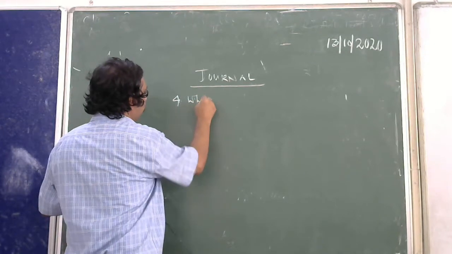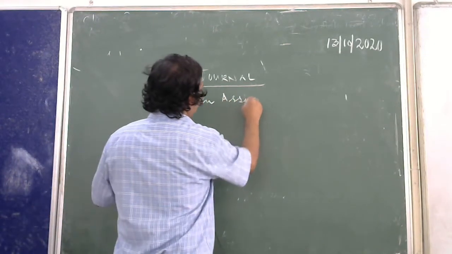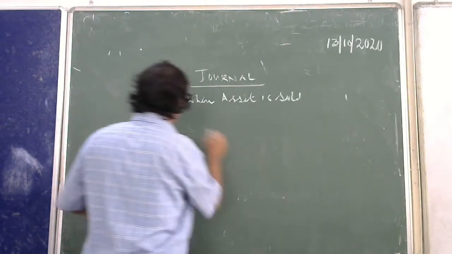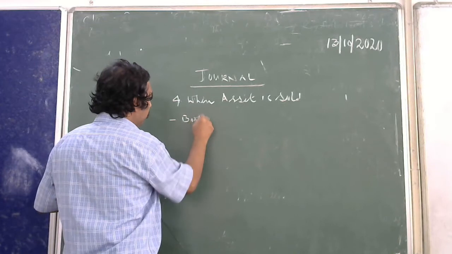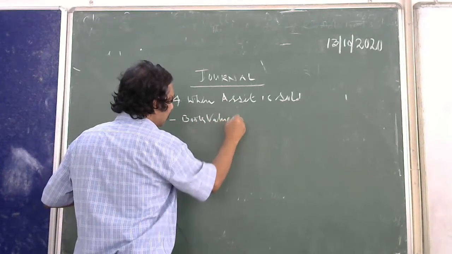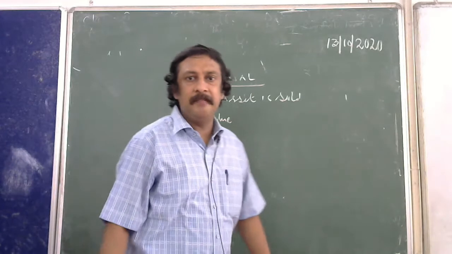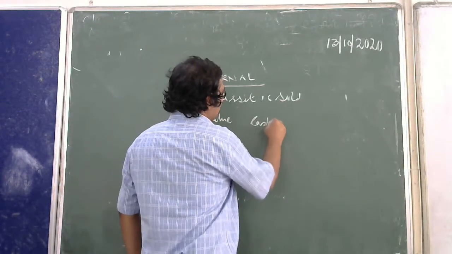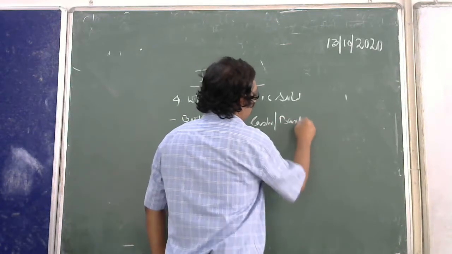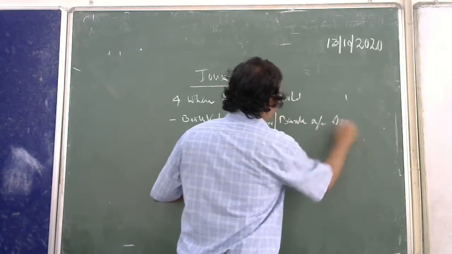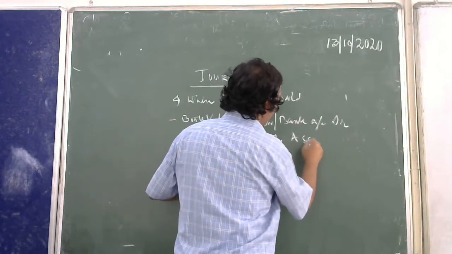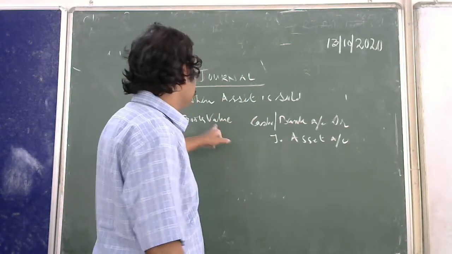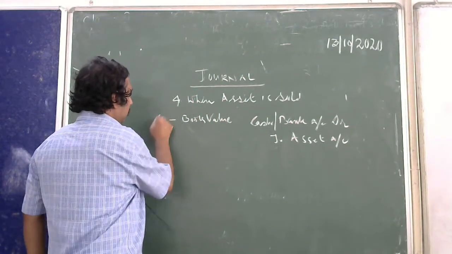If it is sold at book value, that is, at the same price without profit and without loss, then the entry is cash account debit, bank account debit to assets account, without any profit or loss. At book value, no profit, no loss.